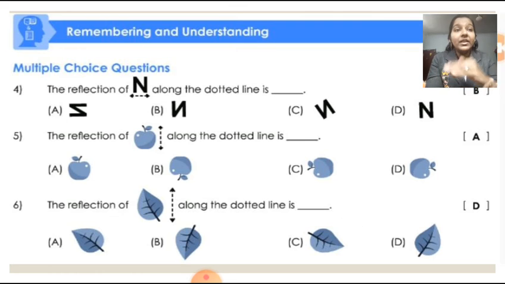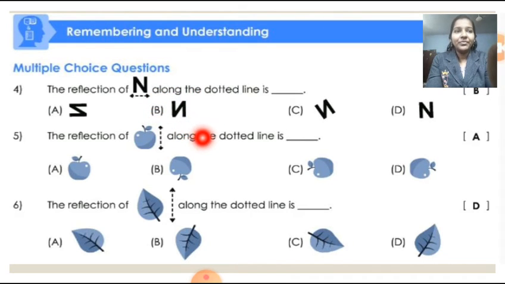Water image we can see down here right now. So here we have to write the water image of N. Okay. So which one is the right one? Yeah, B. Here this is the correct horizontal reflection of the letter N.